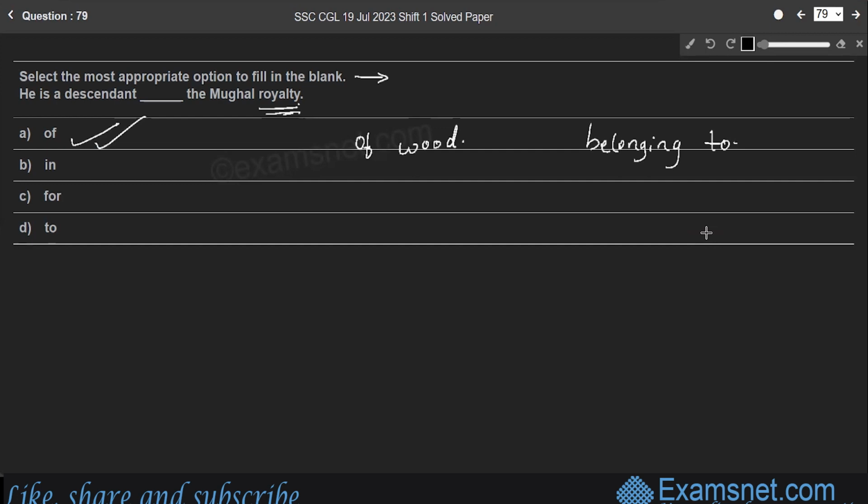The preposition of is used to show the relationship between other words. Whereas, among the remaining prepositions, in is used with months of the year, seasons or countries, for example, in April, in summer.